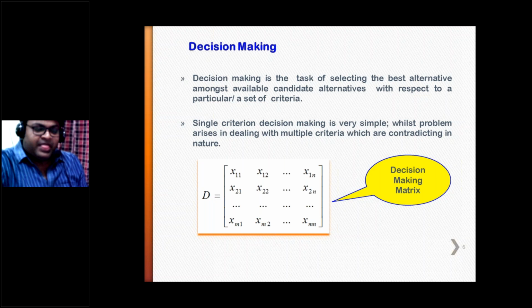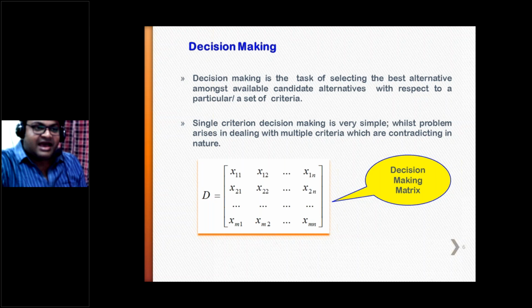Now, decision making is the task of selecting the best alternative from amongst a set of available candidate alternatives, in which each alternative is evaluated or assessed by some criteria, maybe a single criterion, maybe multiple criteria.